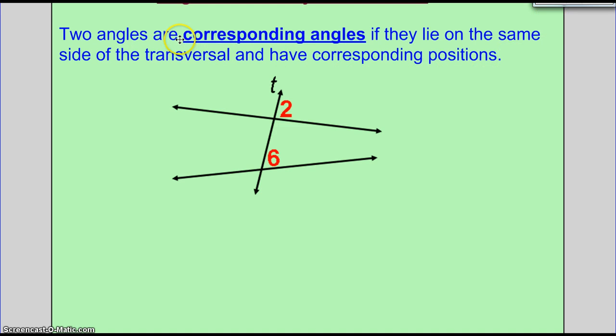Now, two angles are corresponding angles if they lie on the same side of the transversal and have corresponding positions. What that's saying is that if I have a transversal, then the angles here and here are corresponding, right?